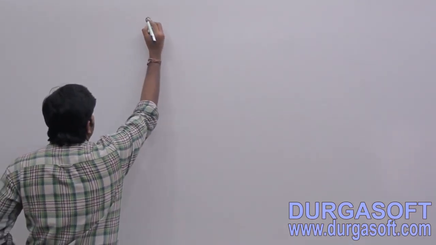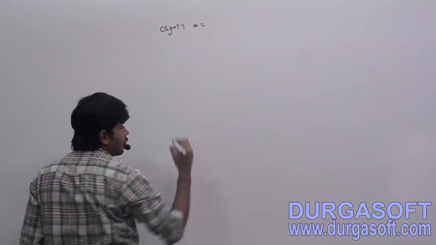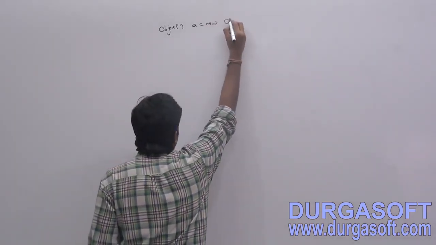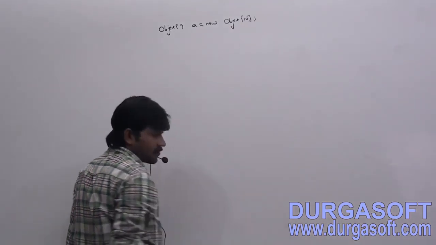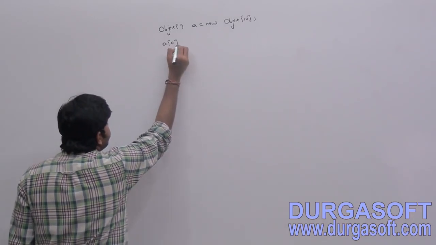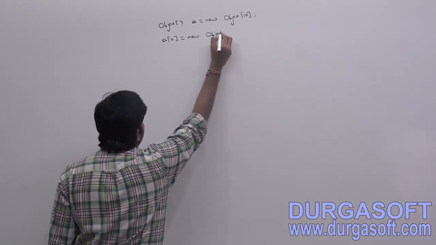I am taking one object array: Object array A is equal to new object array of 10. Now A of 0 is equal to new object.